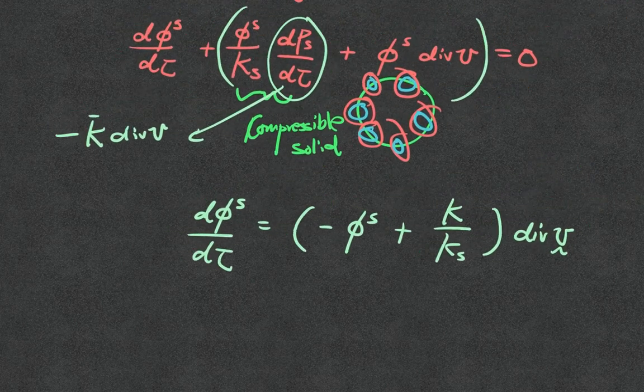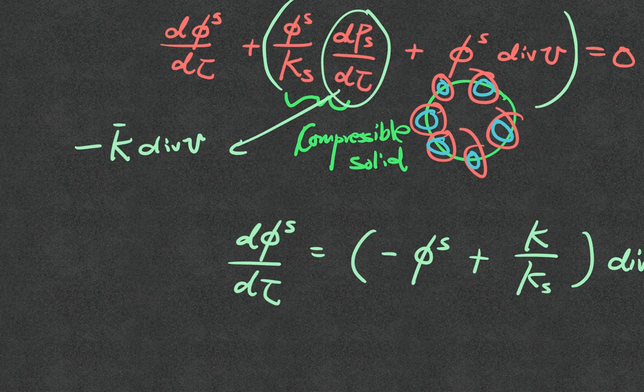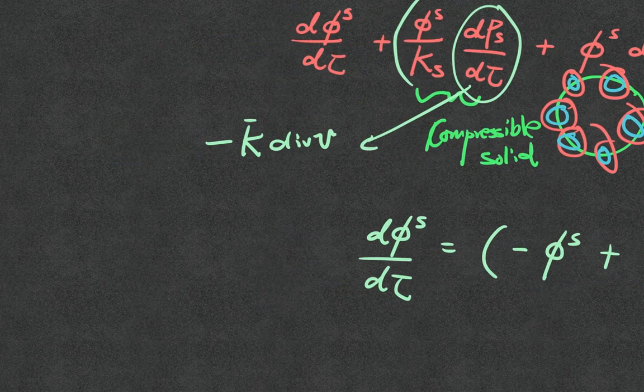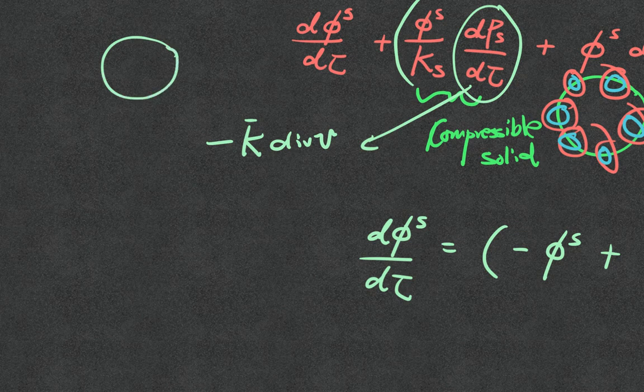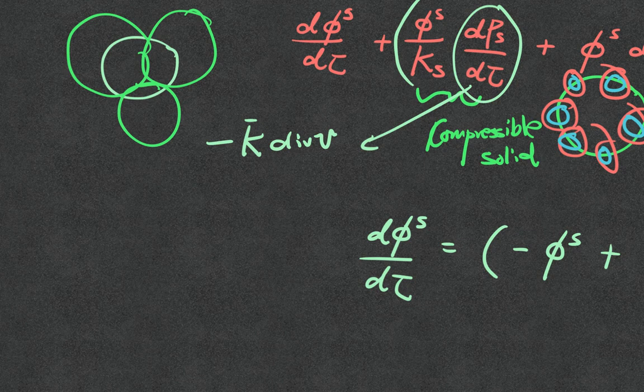So just look at this diagram. If the solid is actually changing size, and you want to keep the same size, let me put another more extreme example so it's easy to see. Let's say that I have an effective medium, and I have these three big particles.